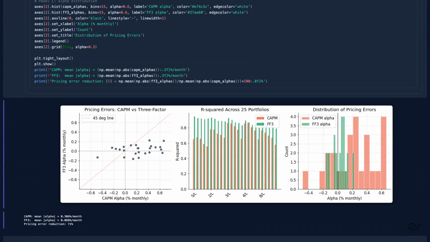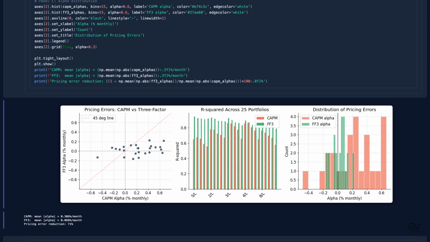These three panels tell the whole story visually. On the left, the alpha scatter. CAPM alphas on the x-axis, three-factor alphas on the y-axis. The FF3 alphas cluster tightly around 0, while the CAPM alphas are spread out. In the middle, the R-squared bars.